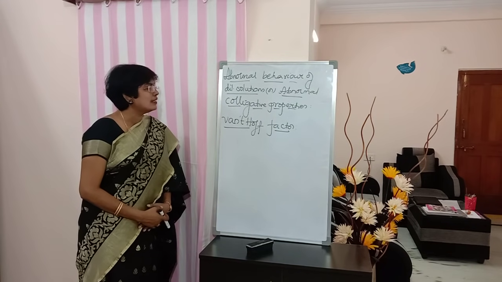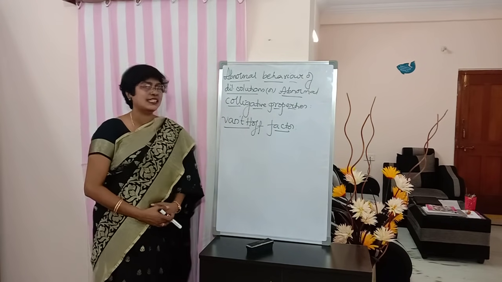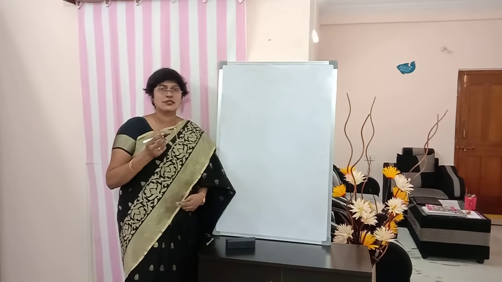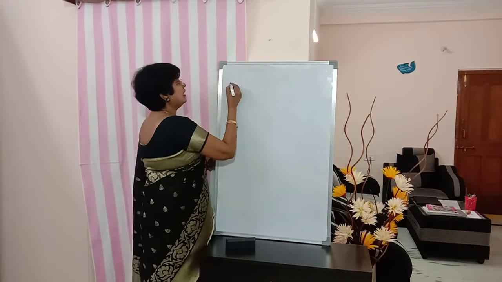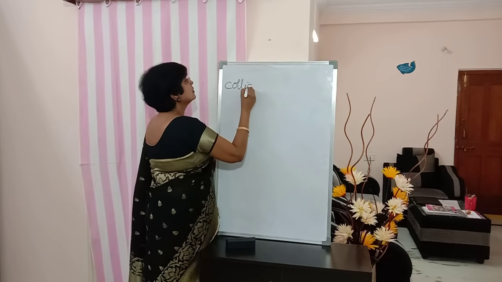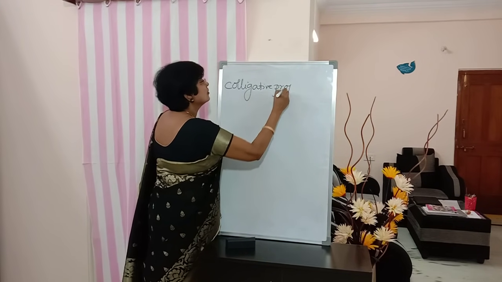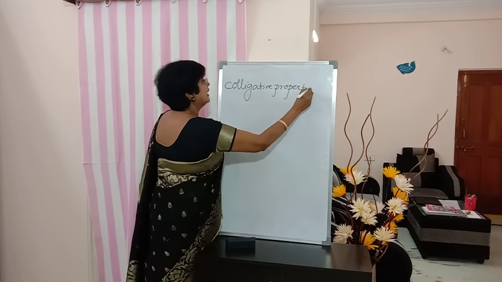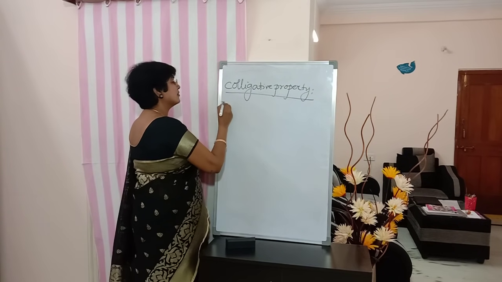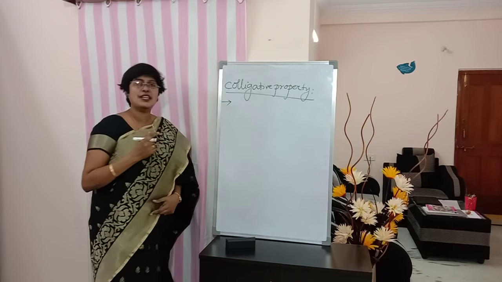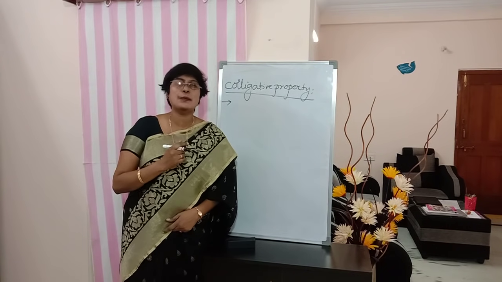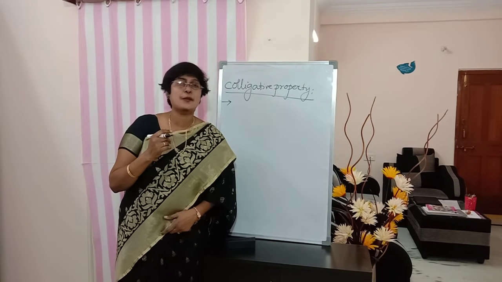Okay. Let us learn what this Van't Hoff factor is. So students, in the beginning, we have seen what a colligative property is. Okay. So do you remember what a colligative property is? How do we define colligative property, students?